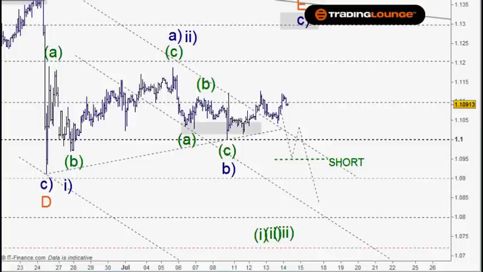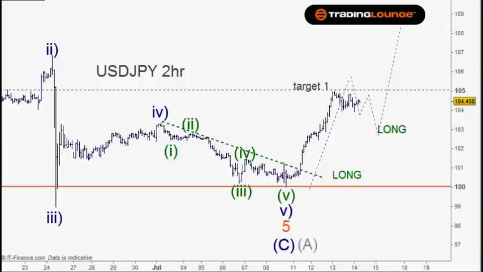Now, the action's been in the weaker yen, of course. So we'll have a look at the pound yen and the euro yen. But just with the US dollar yen here, I need to tidy this up a little bit.